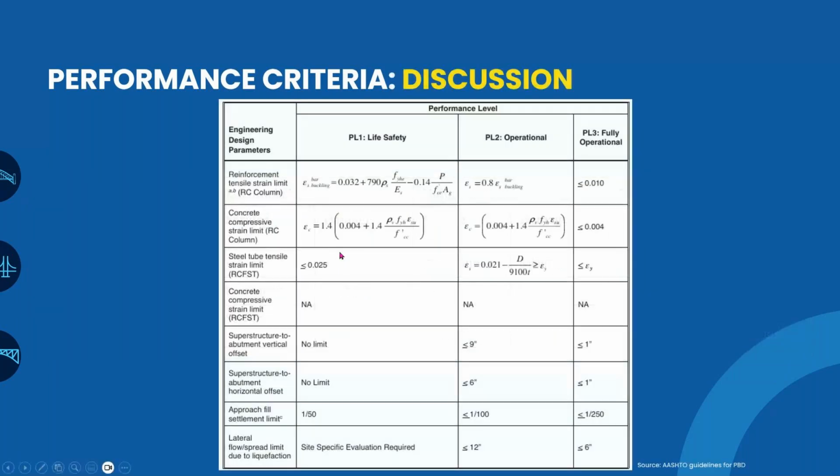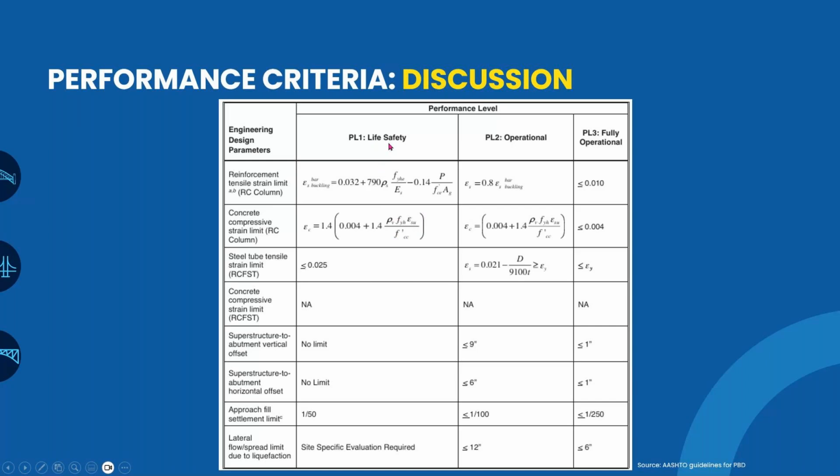These strain limits are similar to the ones given in AASHTO as well, but in AASHTO we see that additional information, such as the axial force coming onto the element or the configuration of the reinforcement in the structure, is required to evaluate the strain limits for one particular performance level.